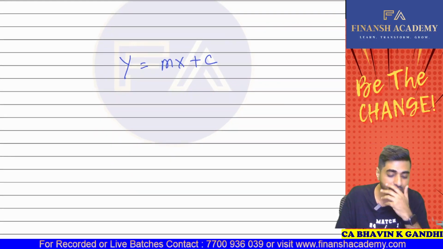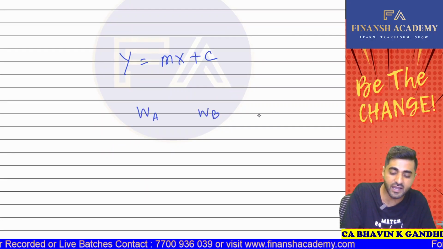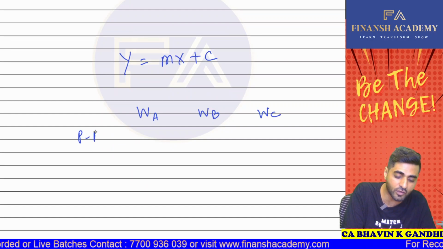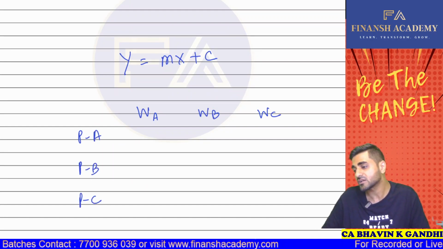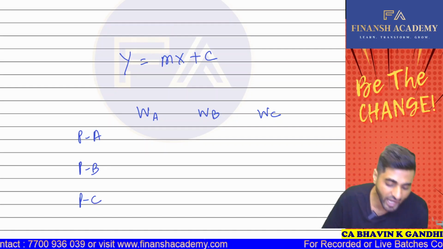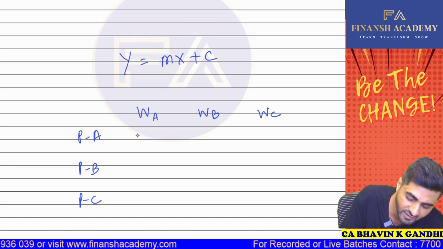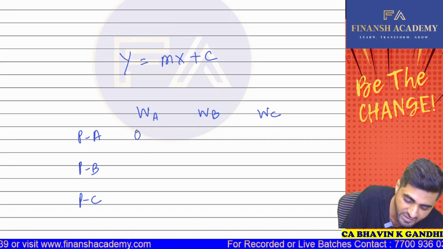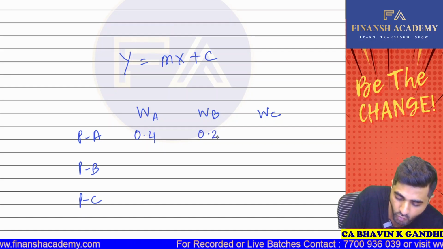Let's say for example, you have weights of A, B and C for portfolio A, portfolio B and portfolio C. Okay. So let's say the weights of A are 0.4. Okay. This is 0.2.